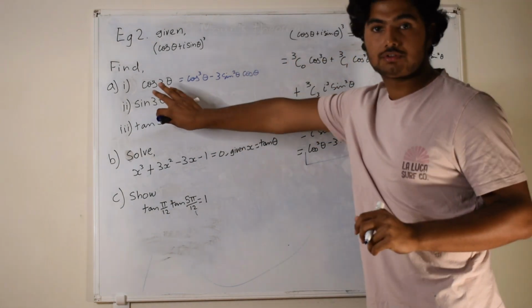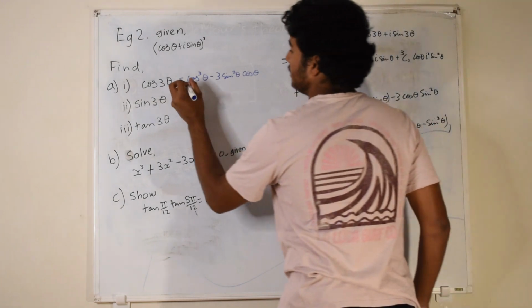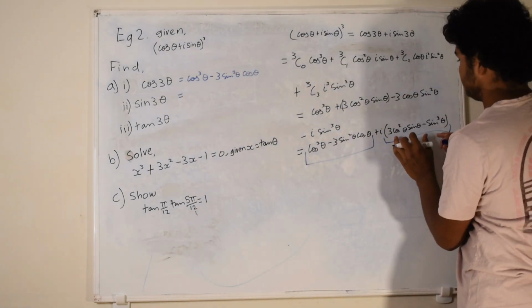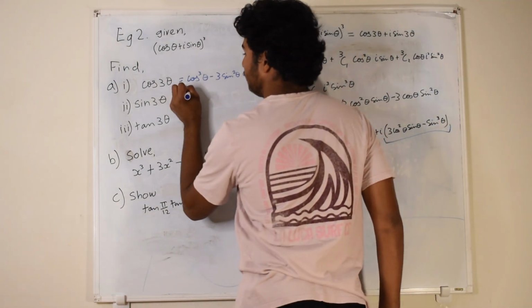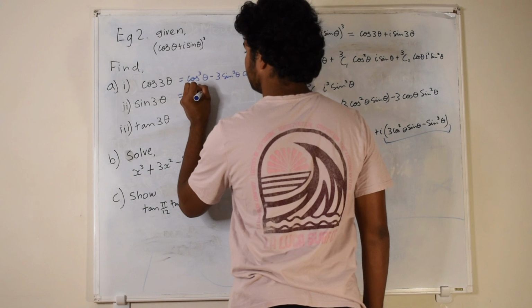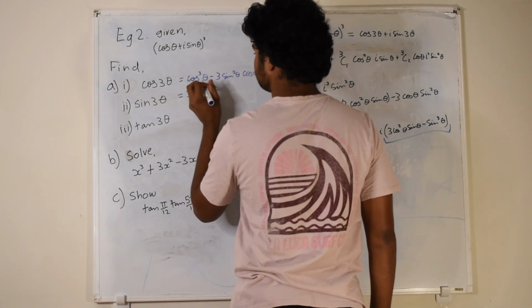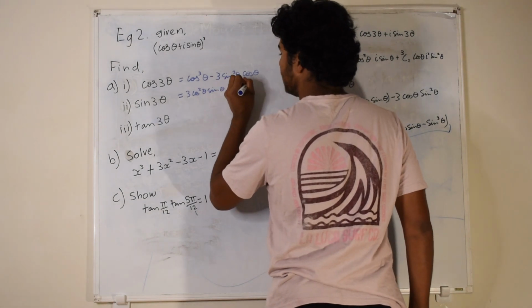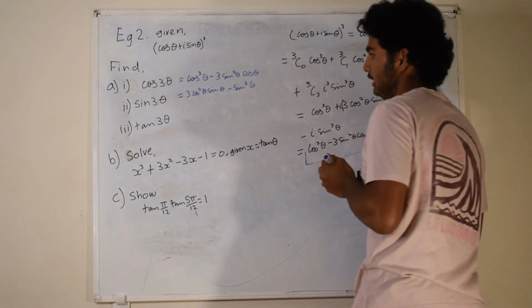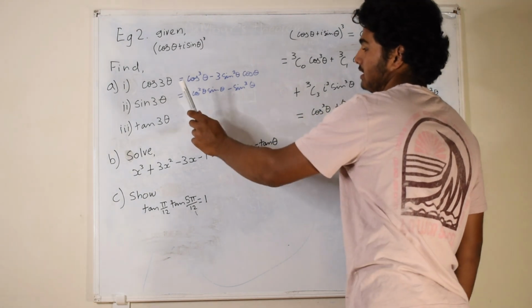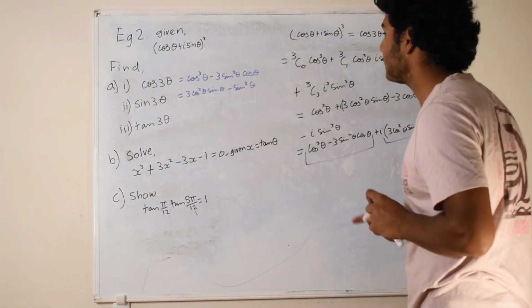That's the answer for cos 3 theta. And then sin 3 theta equals this value over here, which is 3 cos squared theta sin theta minus sin cubed theta. So that is the value of cos 3 theta and sin 3 theta, these two answers.